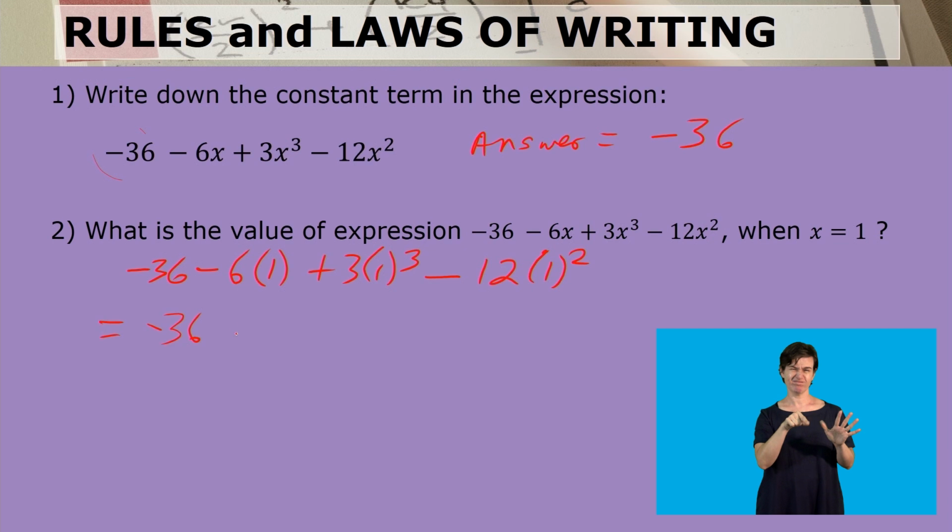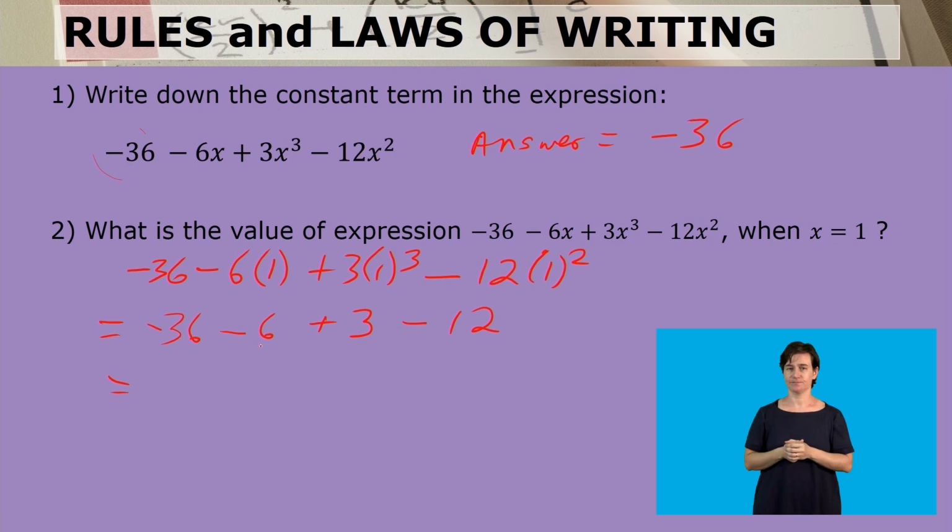Negative 6 times 1 is negative 6, and then plus 3 multiplied by 1 cubed. 1 cubed is 1 multiplied by 1 multiplied by 1. That's the representation of a cube, so it would be 1 times 3, which is 3, and then minus 12 times 1 squared. 1 times 1 is 1, so that would give us 12.